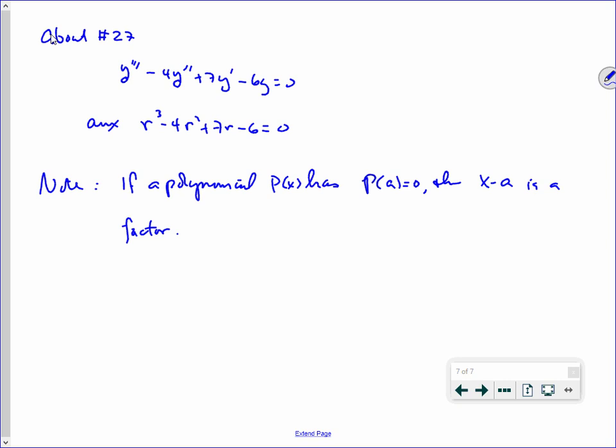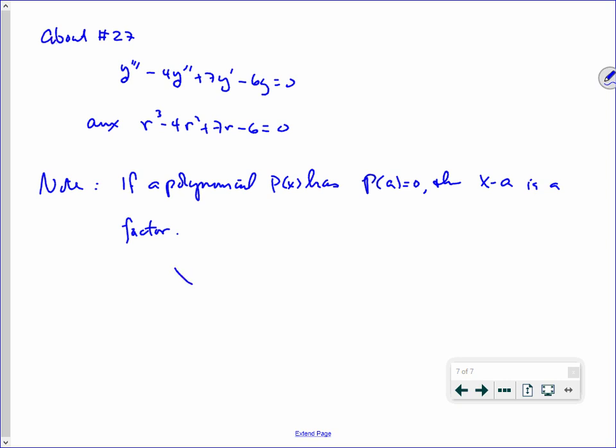And do you remember how to do long division of polynomials? If you can find a nice number where this thing equals 0, you may need to get your calculator out and graph it and find a solution from that. And then check that to make sure it's really a solution, because you're not rounding things off.